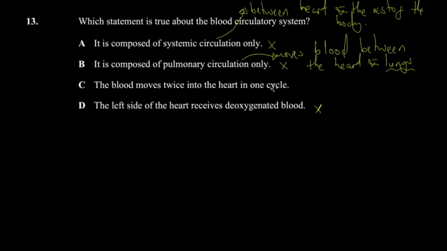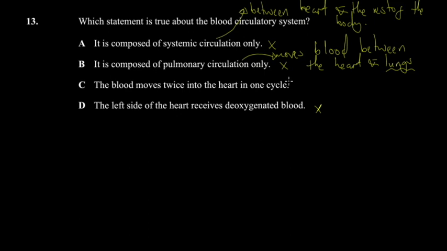So now, when we come to the C part, it says blood moves twice into the heart in one cycle. This is true. Actually, we say that blood is a double pump, or it's a double ventricle. So when blood is going to the lungs, it goes into the right atrium first, and then it goes into the right ventricle.